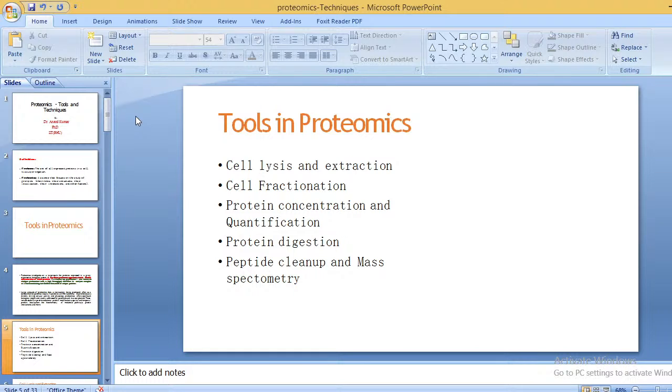Okay, after that we will go for concentration, concentrate the proteins and quantification. Different methods of quantification are there. UV spectrophotometry we will use here, and after that protein digestion, peptide cleanup, and mass spectrometry.